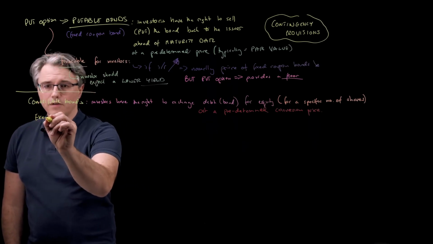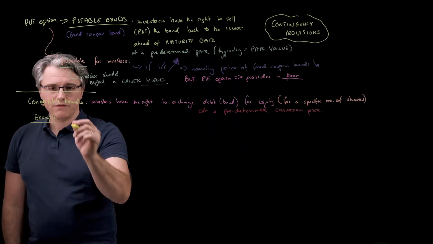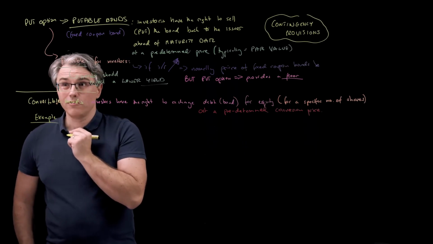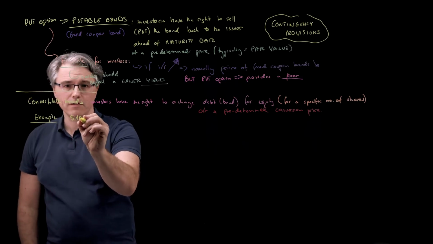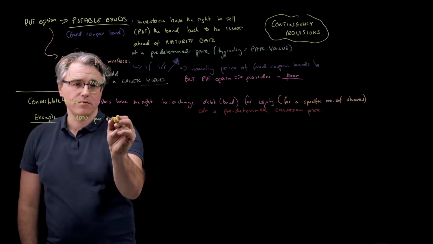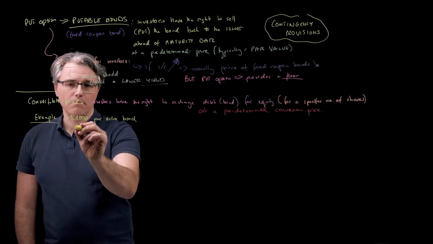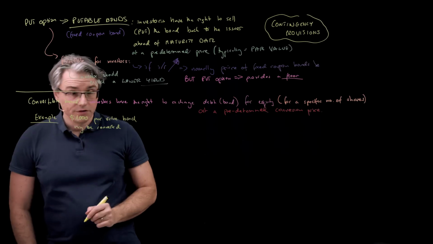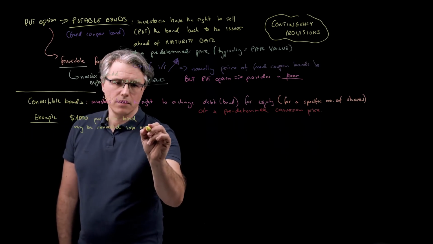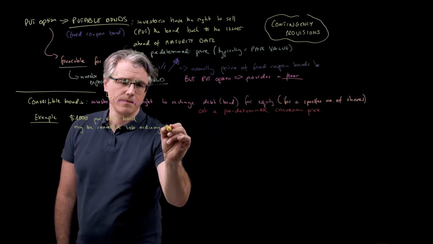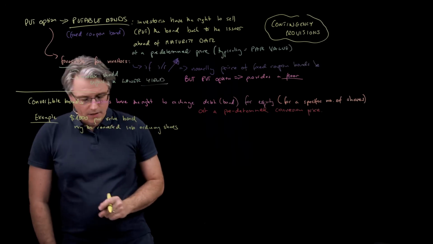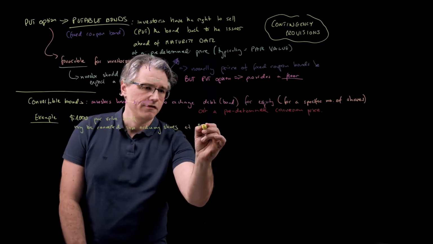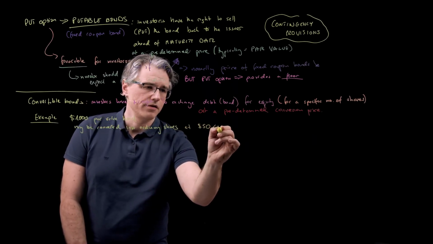So example over here, let's say you have a bond with $1,000 of par value. 1,000 par value bond may be converted into shares, into ordinary shares of the issuer, so common stock, and you are told a price at $50 per share.